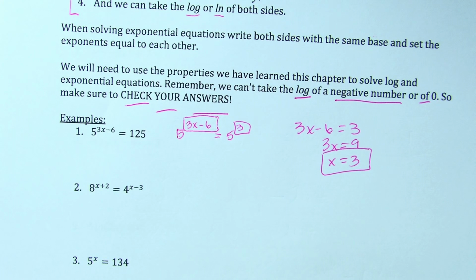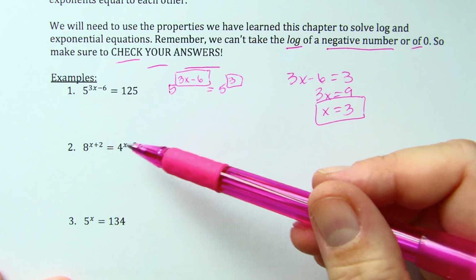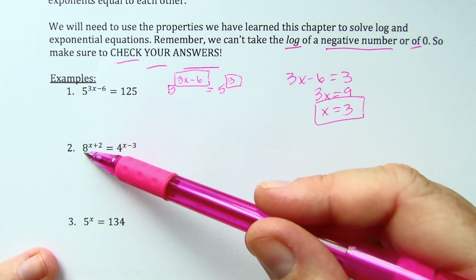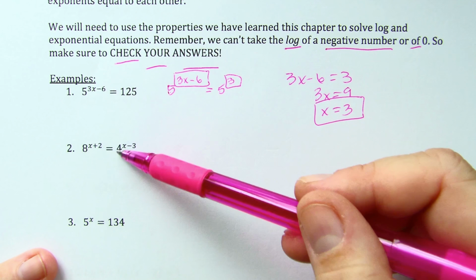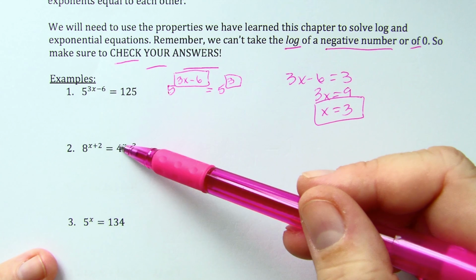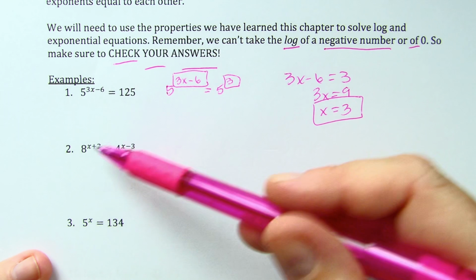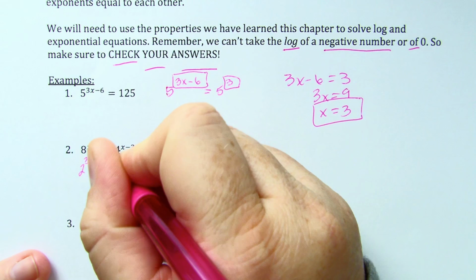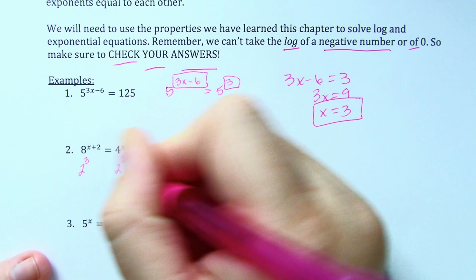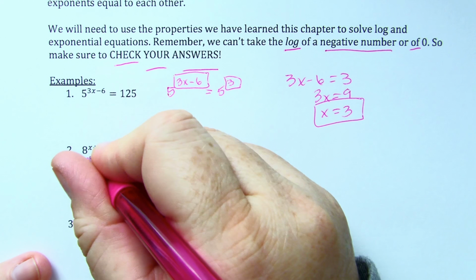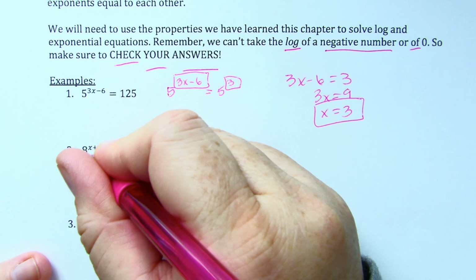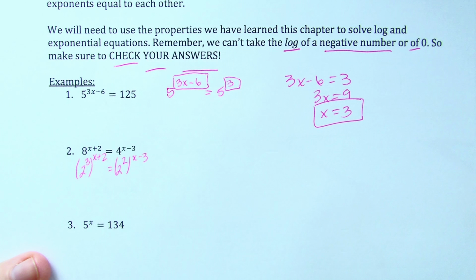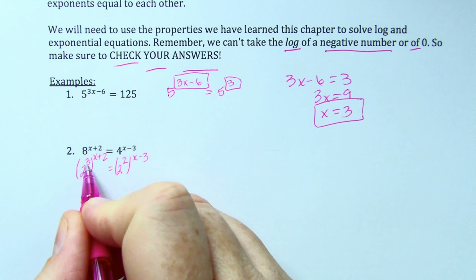Not too bad. Number 2, 8 and 4 look like maybe we could rewrite them the same way, but we can't rewrite 8 as 4 to some power. 4 to the first power is 4, 4 squared is 16, so that's not going to work, but we can rewrite both of them. 8 can be rewritten as 2 to the third power, and 4 can be rewritten as 2 to the second power, and now they have the same base. But remember, they already have exponents on them, so we need to rewrite those now, multiplying here.